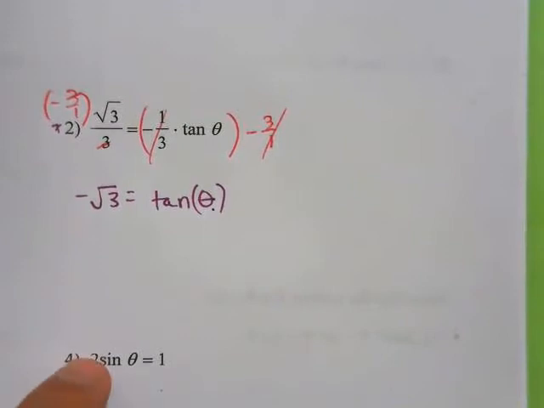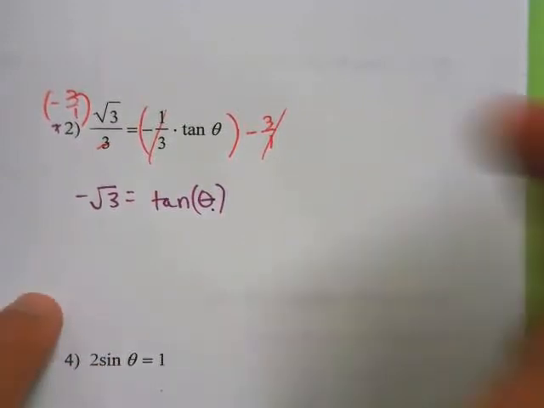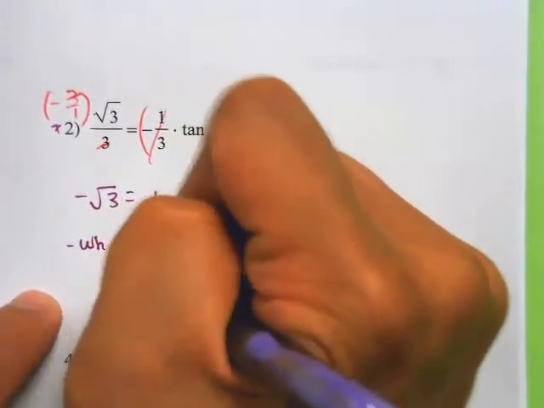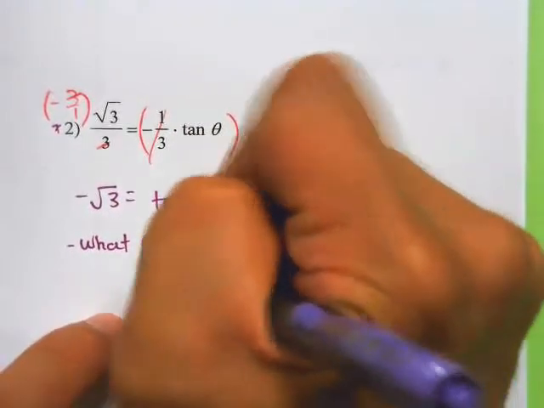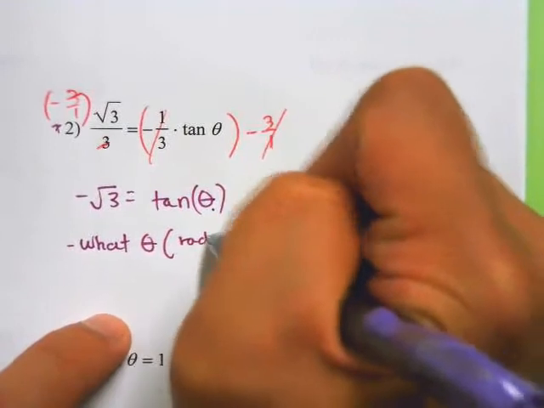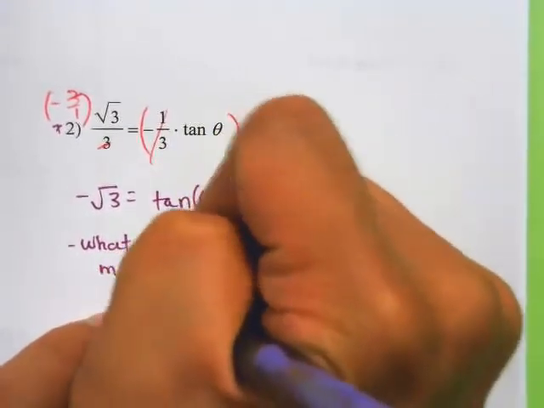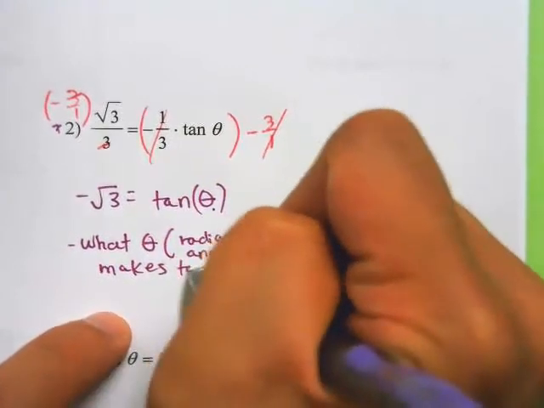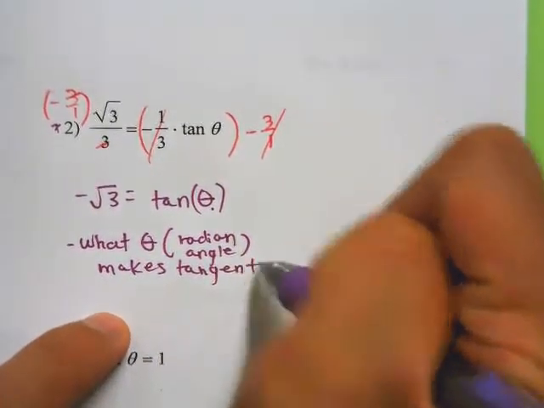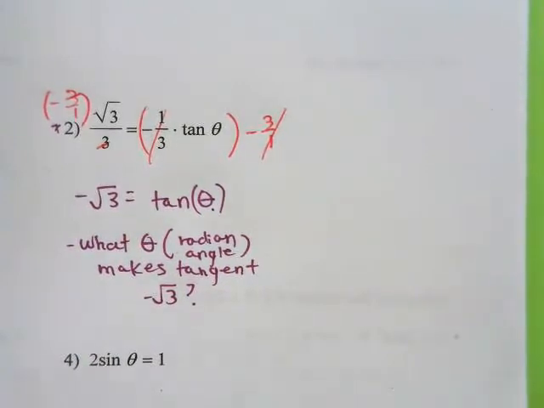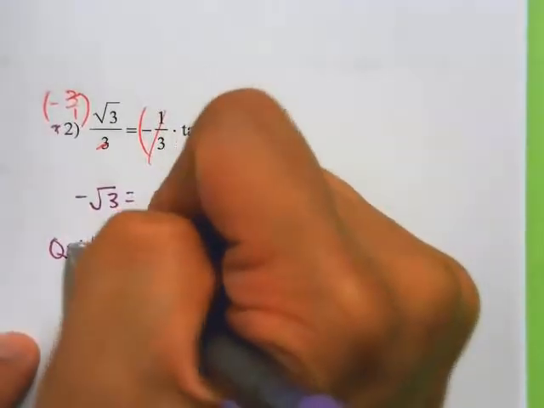Okay. So let me go write that question down. So that's what we're trying to ask. What theta, so what radian or angle, makes tangent negative square root of 3? Okay, so that's the question.